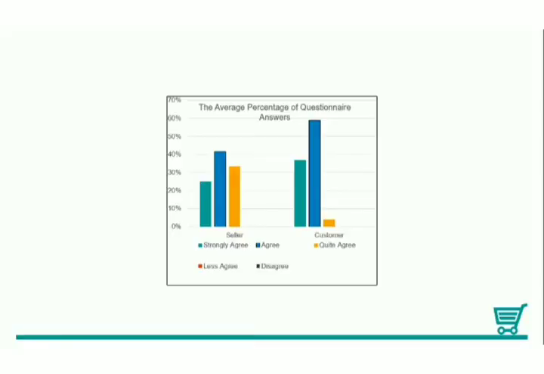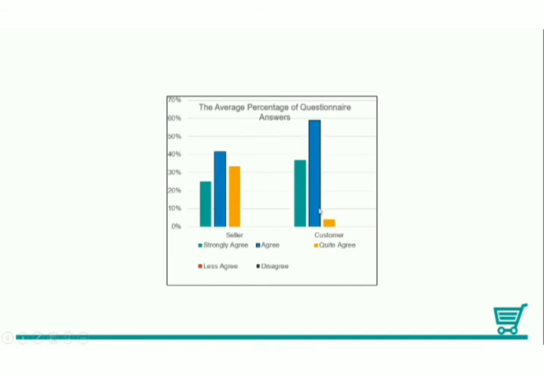And then after doing the calculation, the average percentage of questionnaire answers is obtained, as we can see in the diagram. On the seller side, the average of respondents that chose agree is 41.6%, followed by the average of respondents that chose strongly agree and quite agree, which are 25% and 33.34%.